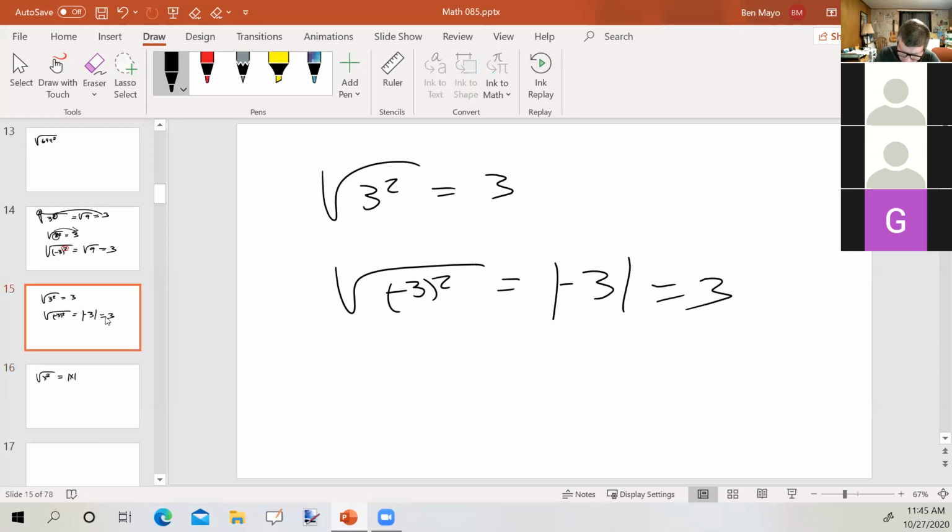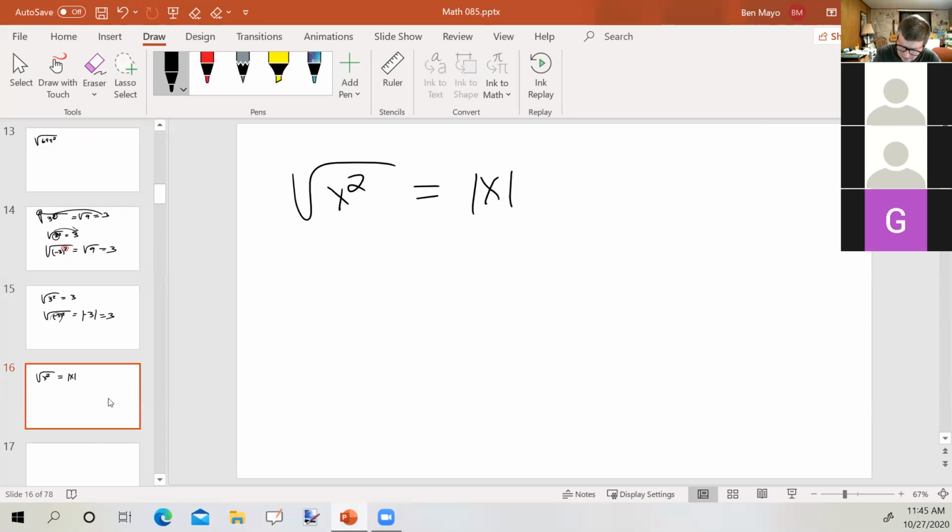What if it's like this problem here, where I'm squaring -3, and then I wrote the answer as -3? No, that wouldn't be true. So because I don't know whether x is positive or negative, these absolute value bars assure me that I'm not getting a negative answer, because remember, when you take an even root, you can't get a negative answer.